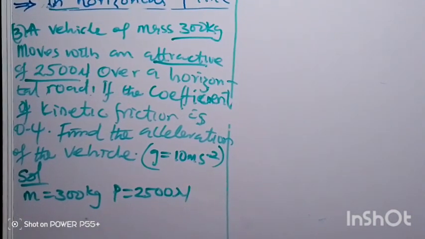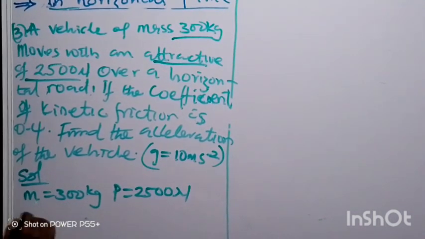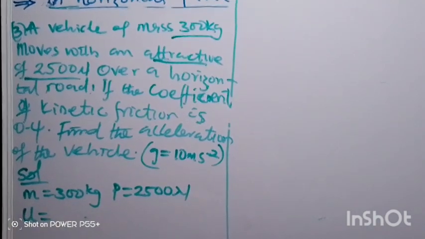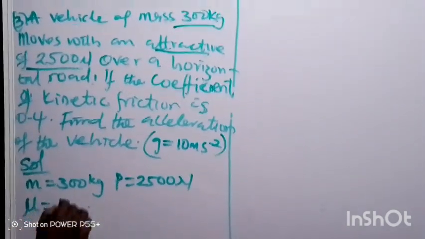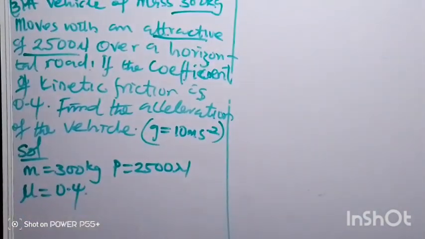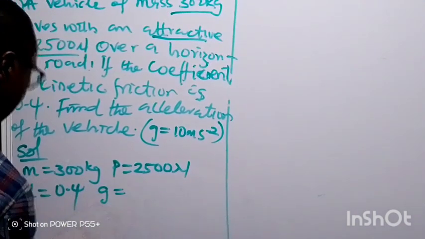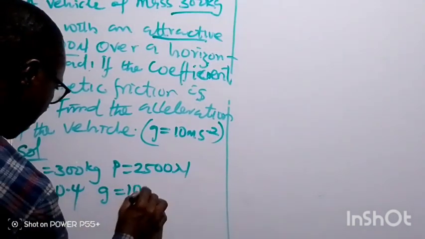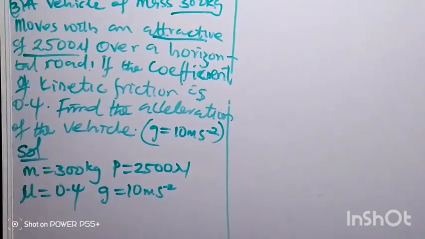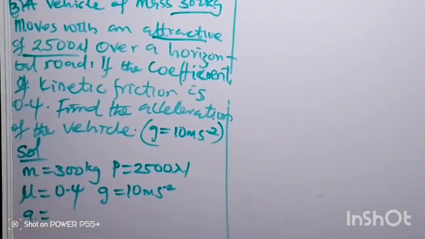Then mu, which is coefficient of friction, is given as 0.4. Now, we have to calculate a, the acceleration of the vehicle.